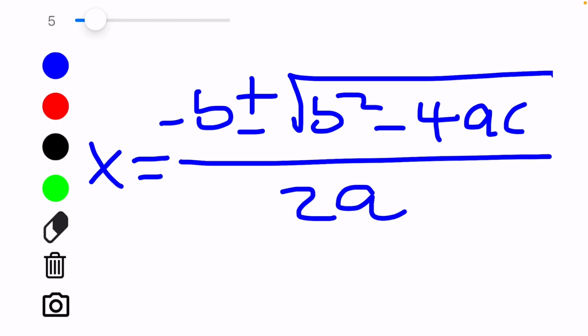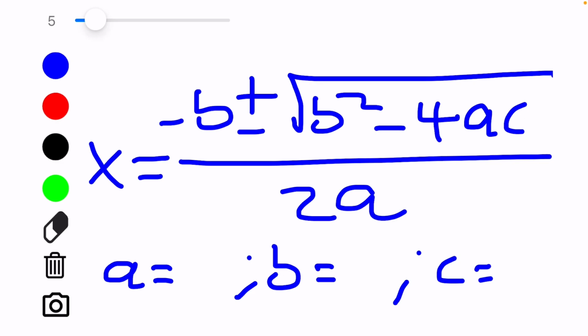You need to be able to identify your a value, your b value, and your c value. Obviously from that equation, your a value should be 3, your b value should be negative 2, and your c value should be negative 6.